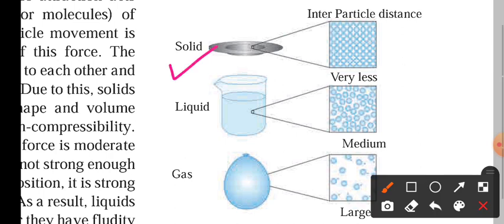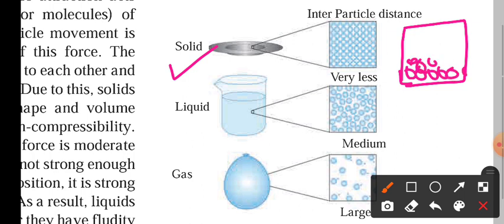In a solid, they are very compactly arranged. In a simplified picture, the matter particles are very closely arranged. Very little vacant space is there in between these particular atoms.